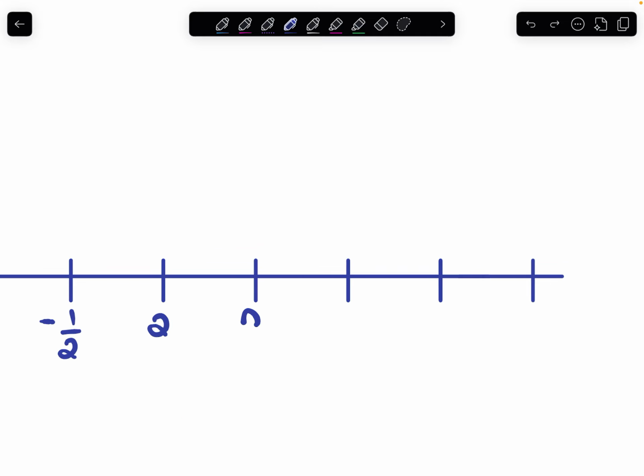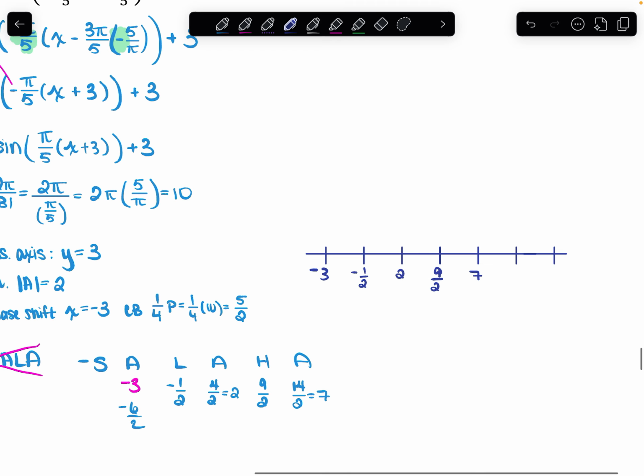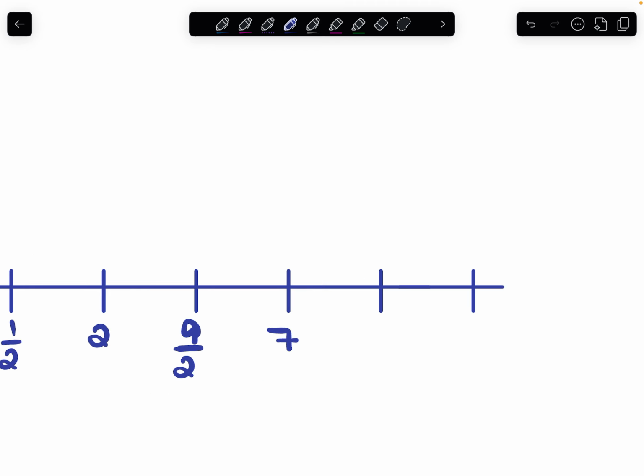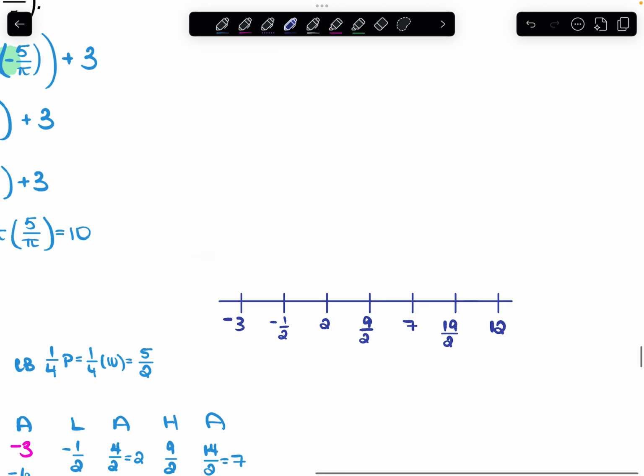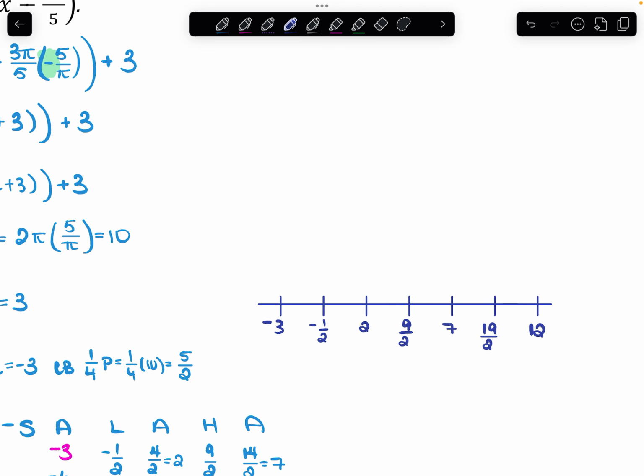And if we add another 5, that would put us at 19/2, 24/2. So in this case, because 0 is not one of your critical values, you can't just stick the y-axis in there. My y-axis is going to be between -1/2 and 2, and I am going to draw it closer to the -1/2, just so it looks a little more correct.